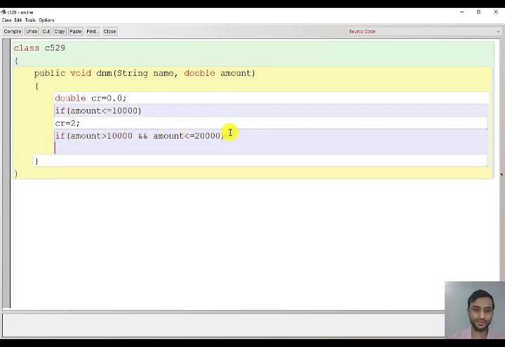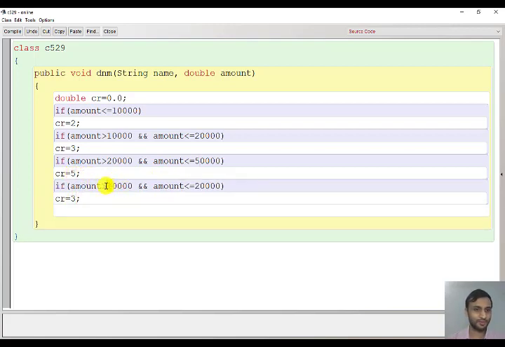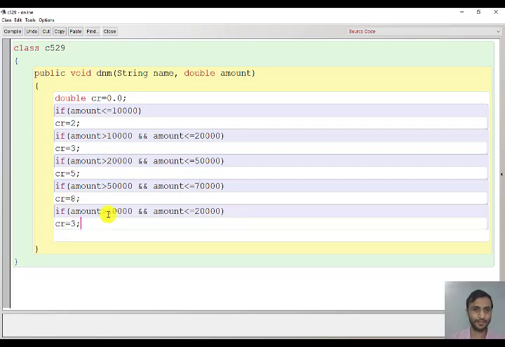This time the commission rate is 3. Similarly for the next case, it is more than 20,000 and less than or equal to 50,000. Commission is 5%. More than 50,000 till 70,000, it is 8%. And if it is more than 70,000, then commission is 10%.